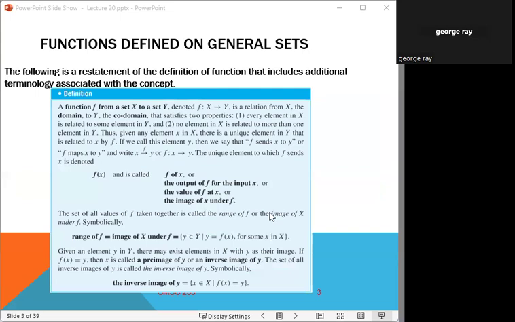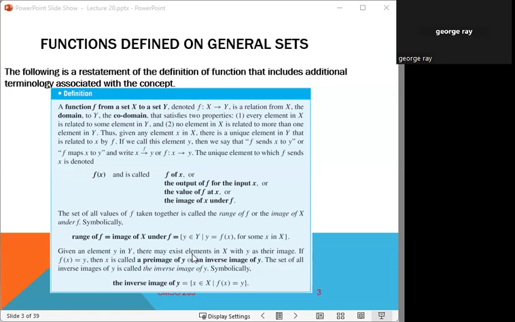Now, some other terminology is also used for the idea of a function. f of x is also known as the image of x under f. And we have the idea of the range, which is the set of values that we map into on our codomain from our domain.